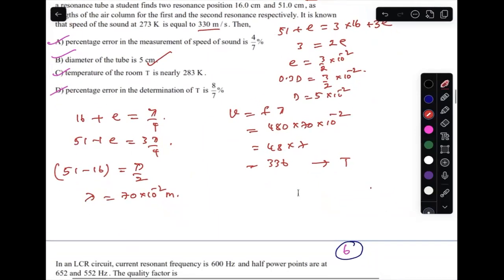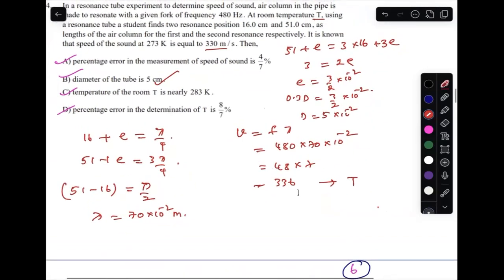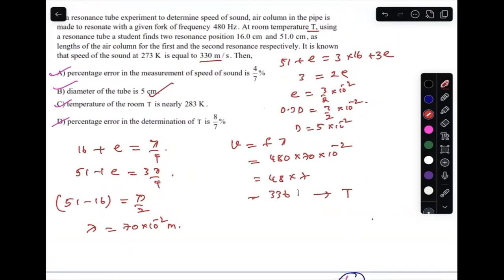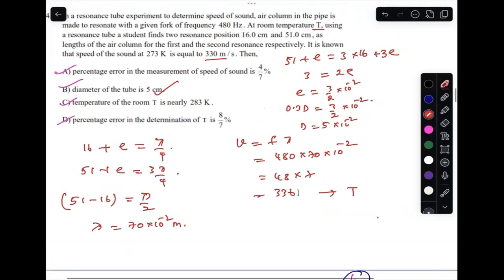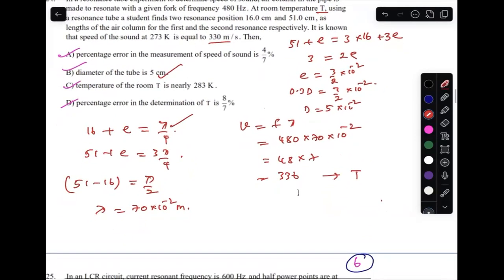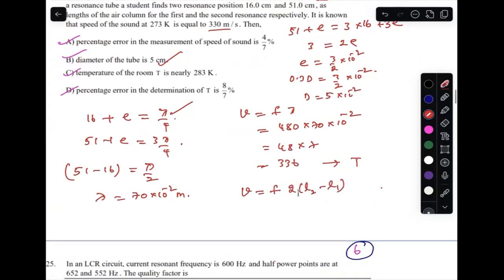Now the velocity which you determined, 336, is at T. And now you know the end correction, so find lambda. The velocity formula is F into 2 into L2 minus L1. Agreed?